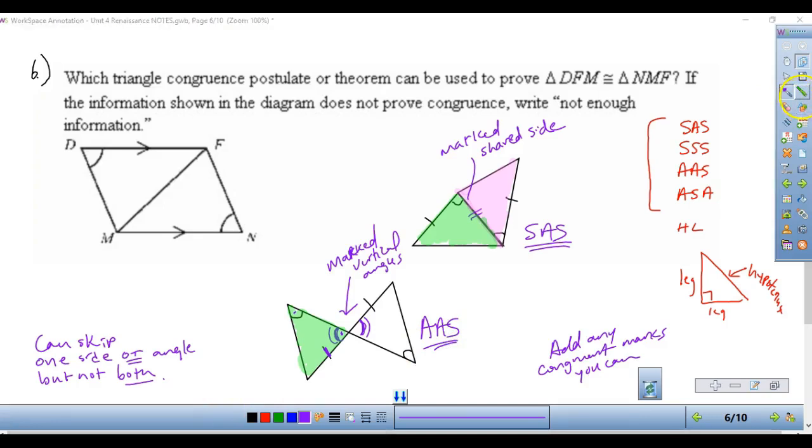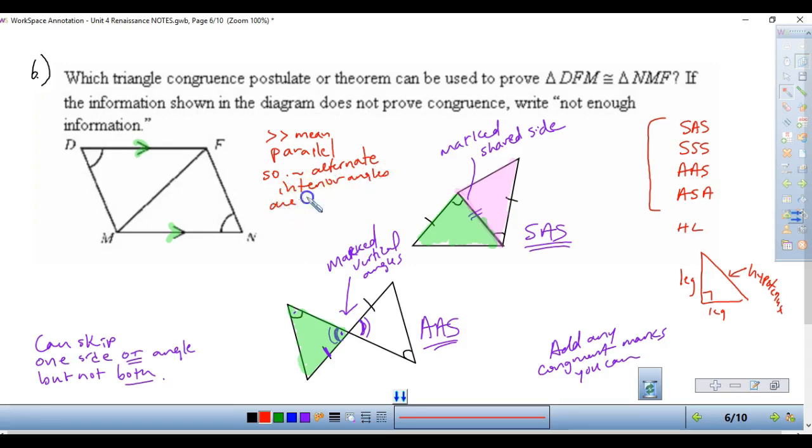Now, this one is a little tricky, and in Renaissance, this is one that trips people up. These little markers here, these mean parallel, okay? They're not congruent markers. So these mean parallel, not congruent. So they don't count as a side. But what they do tell us is that from Unit 3, if we have two parallel lines cut by a transversal, alternate interior angles will be congruent.